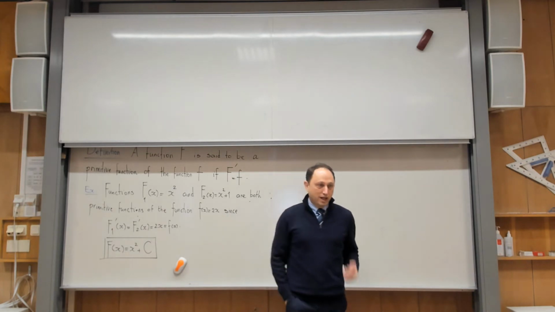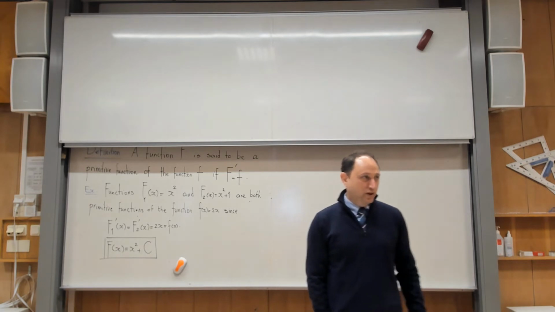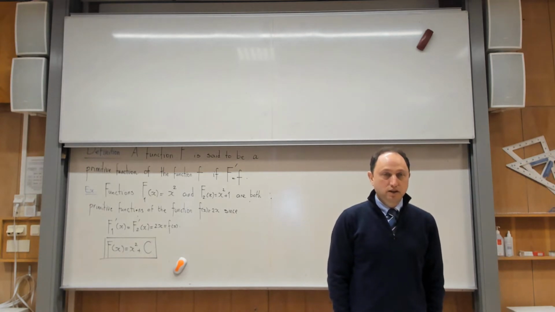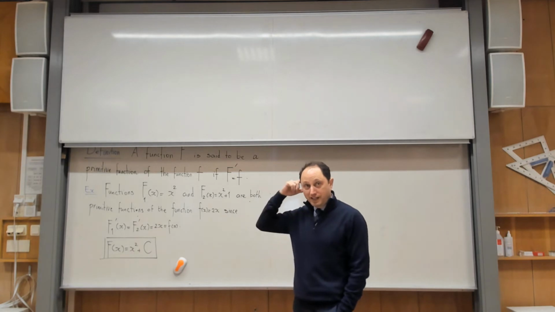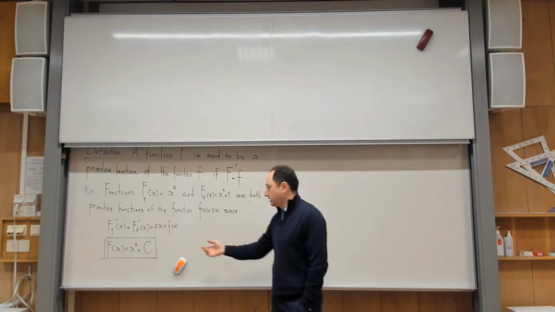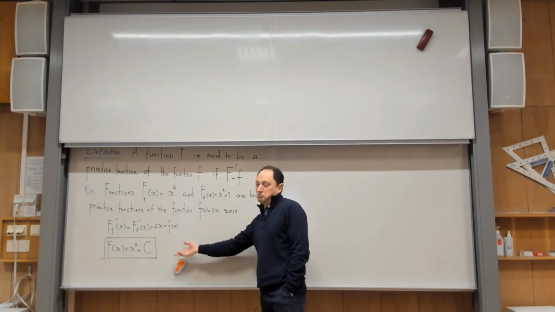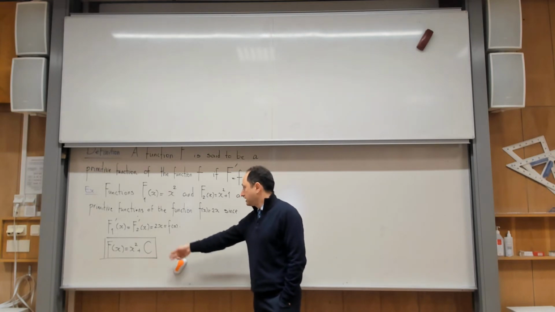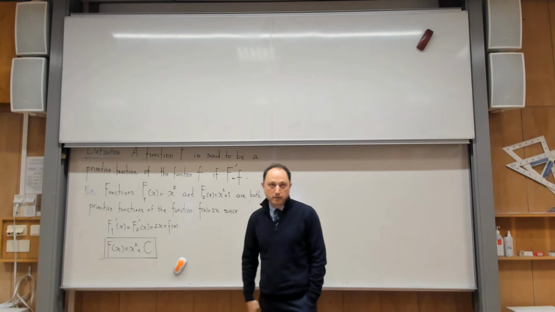Okay? So that is a concern. That's something that you have to be concerned about. Are these the only functions with that property? Or might be someone can come up with another function, maybe complicated, but still its derivative becomes 2x.